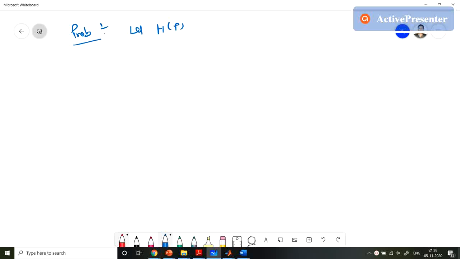Let H(f) denote the frequency response of the RC low pass filter.